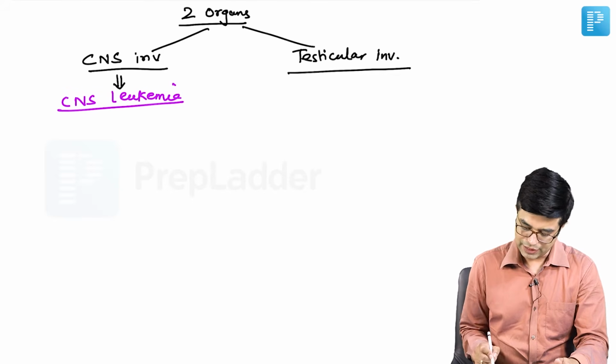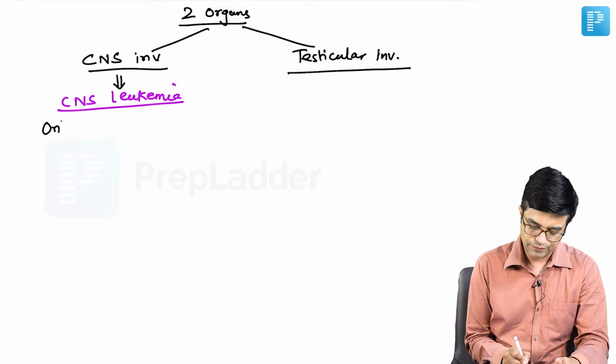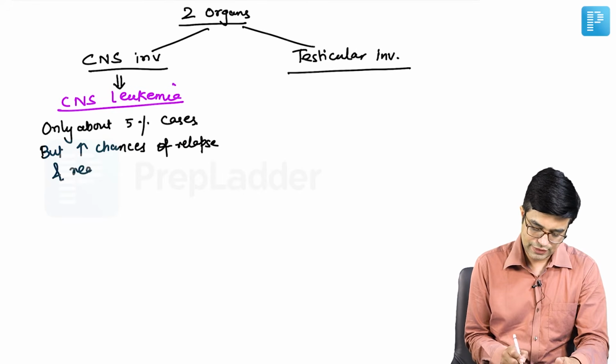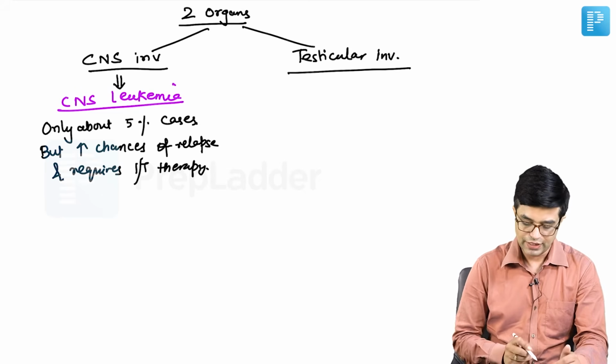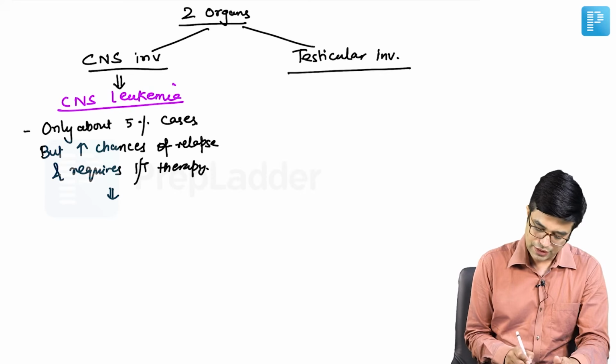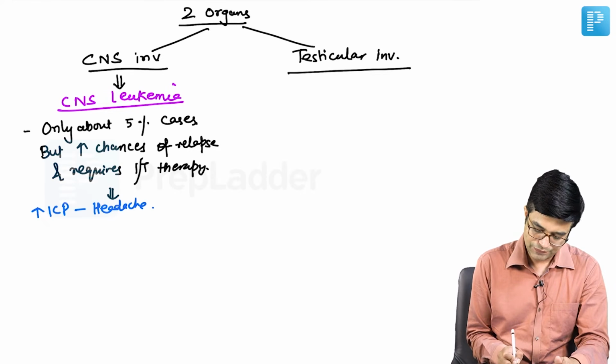Now CNS leukemia is seen in only about 5% cases, but it increases the chances of relapse and requires specific intrathecal therapy for managing the CNS leukemia. When CNS leukemia develops, the clinical features in these patients will be raised intracranial pressure, producing headache and vomiting.